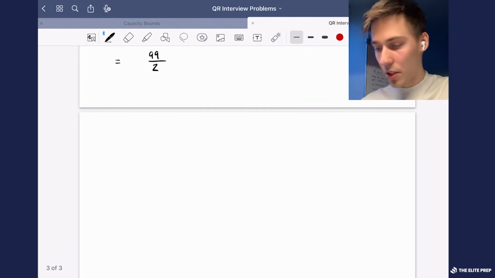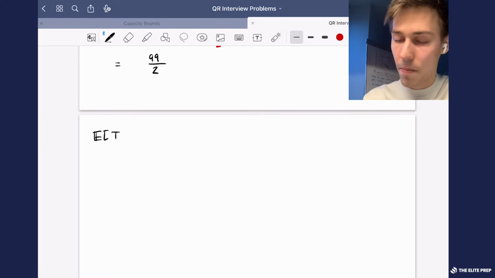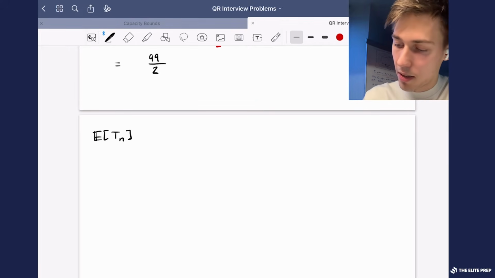Okay, so let's now extend this to the case where we have the expected value of Tn. So we take n times and place 100 minus n times.